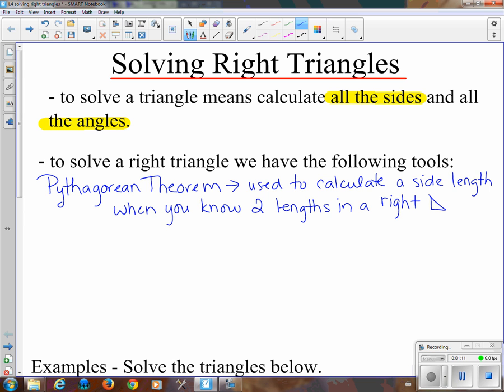In addition to Pythagorean theorem, we've also been working on SOHCAHTOA, which is also known as right angle trig. SOHCAHTOA allows you to calculate a couple of things. Using SOHCAHTOA, you can calculate a side length when you know an angle and a side.